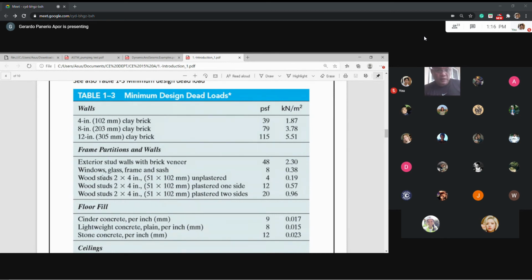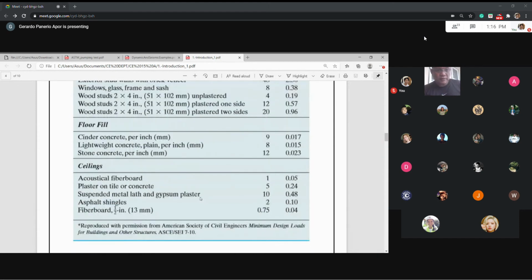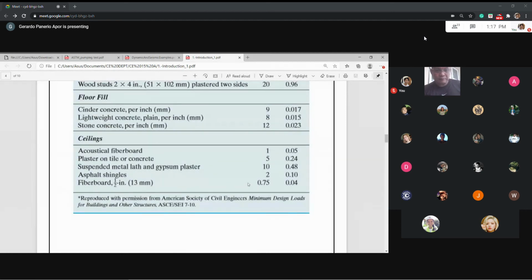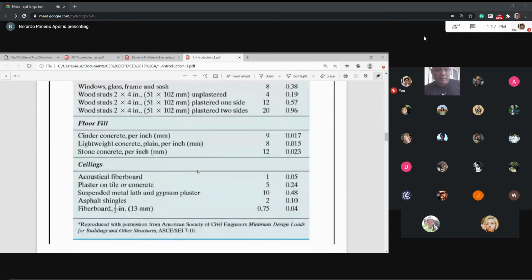For window, glass, frame, and sash, it is 0.38. It depends on how thick the glass is. Then wood stud, 2 by 4 inches, unplastered, then flooring, per inch or per mm, and ceiling. These are just the minimum weights.